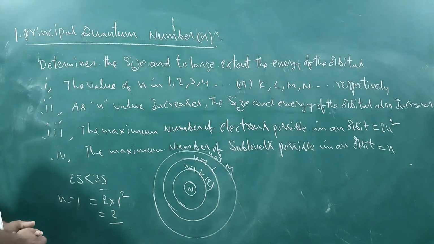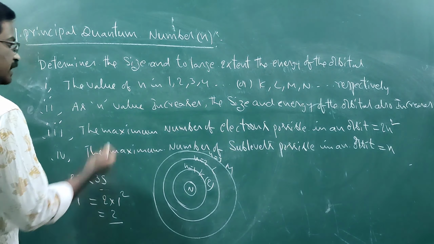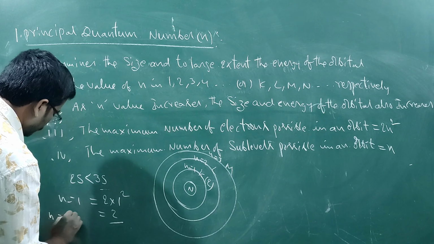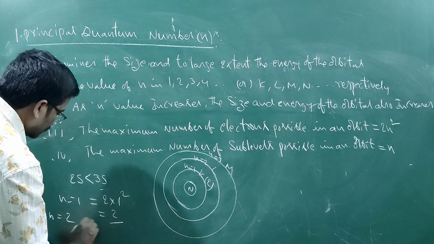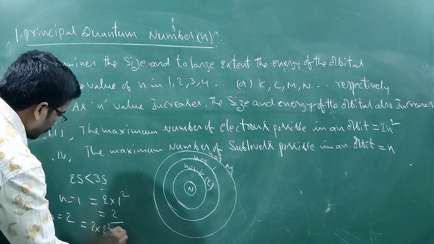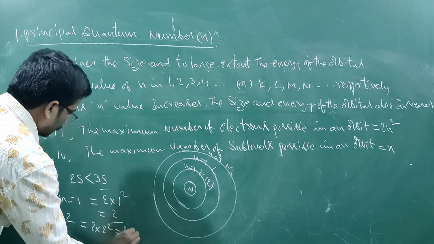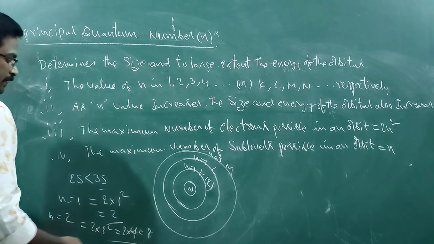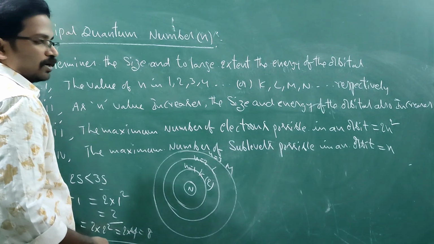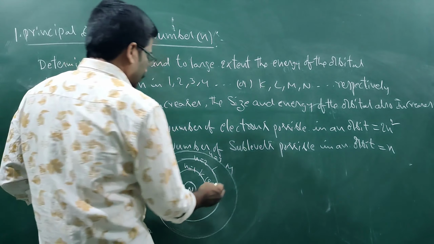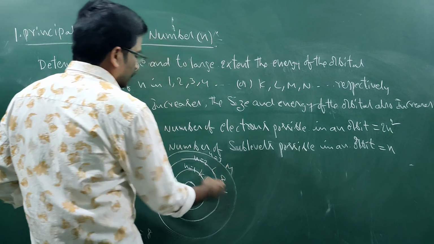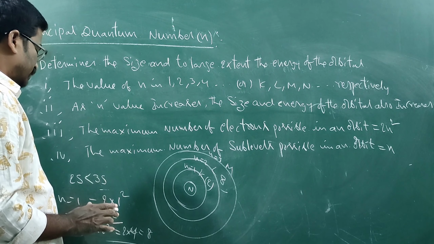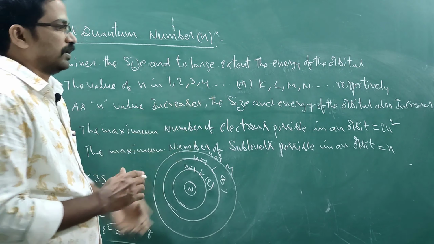If n is equal to 2, what happens? 2 into 2 square is 2 into 4, which is 8 electrons. So 8 electrons are possible in the second shell based on that formula.